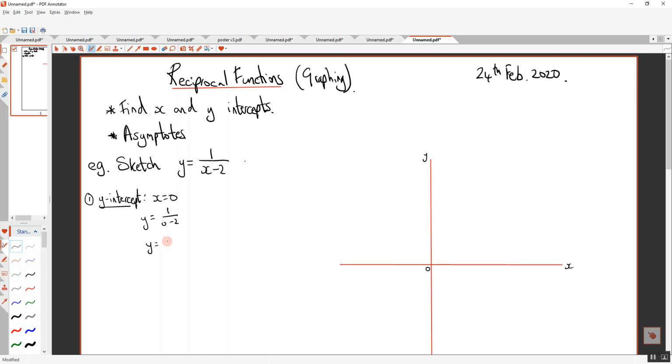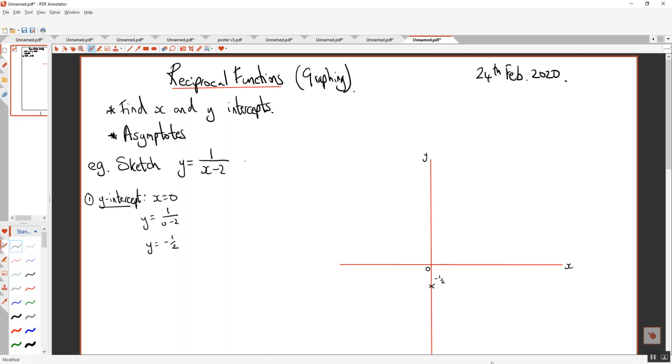Yeah, so 1 over negative 2, which is just negative a half. So when x is 0, y is negative a half. So I can put that point in. So my reciprocal function has to go through that point, okay? All right, what next?